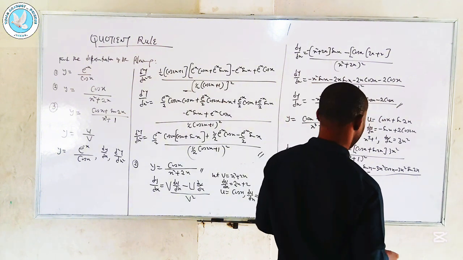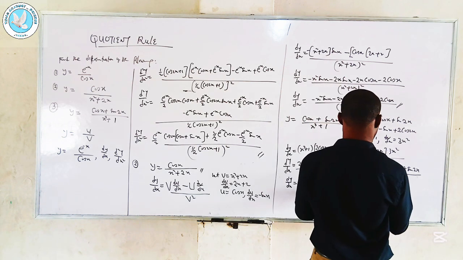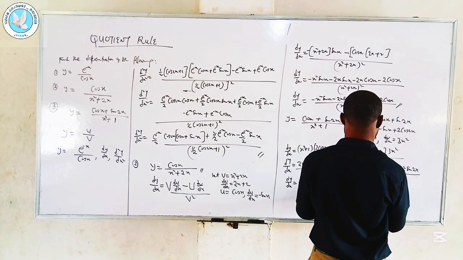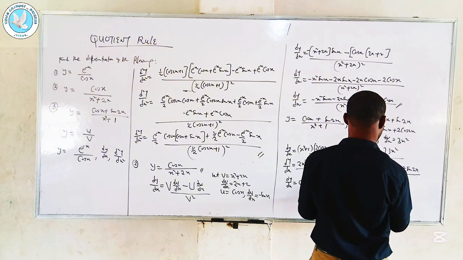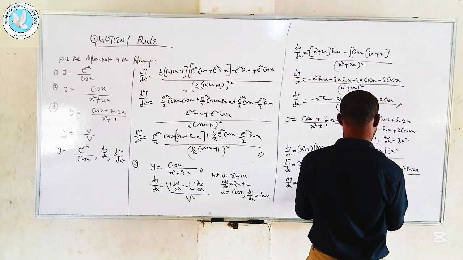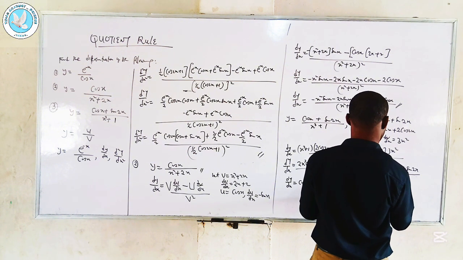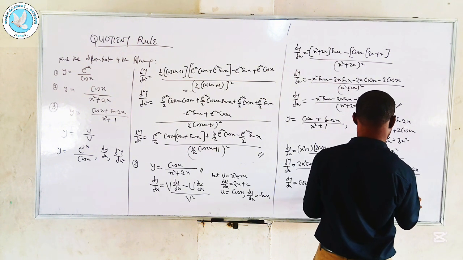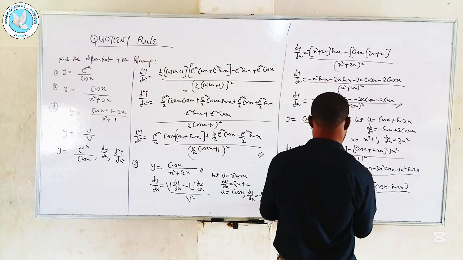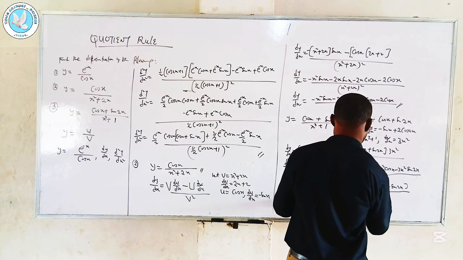So we are left with minus 3 cos this and minus 3, and we can also do this here. Minus 3, we can put this, all of this divided by the denominator raised to the power of this.